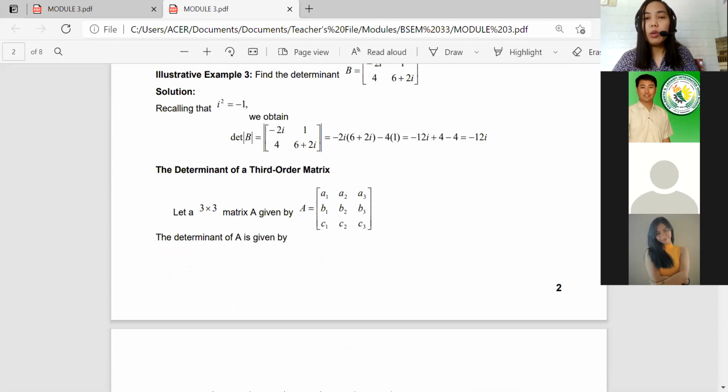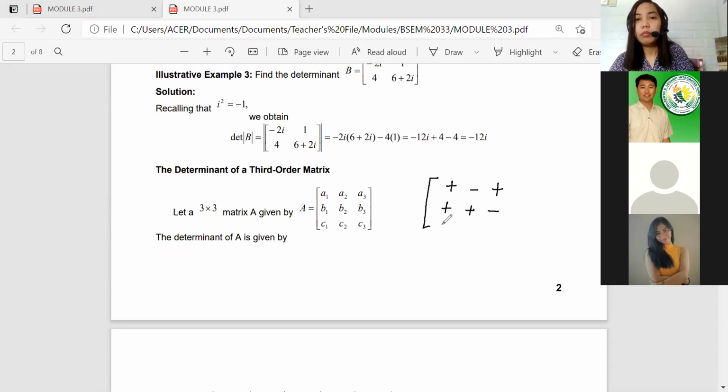position, whether row 1, row 2, row 3, column 1, column 2, or column 3. You will just need to consider the sign of their position: positive, negative, alternating, positive, negative, positive.